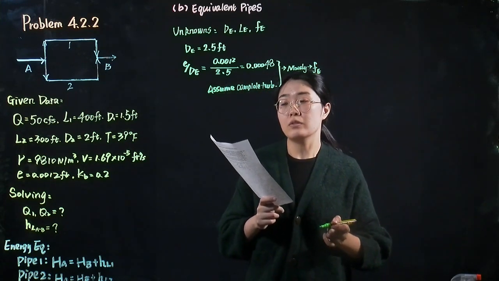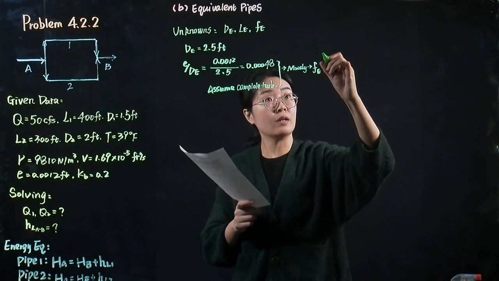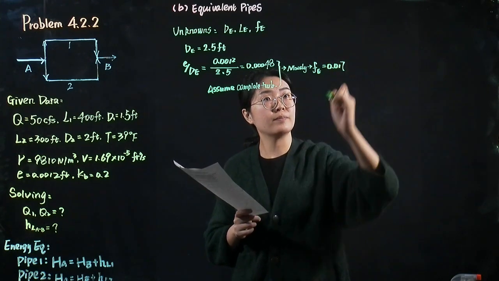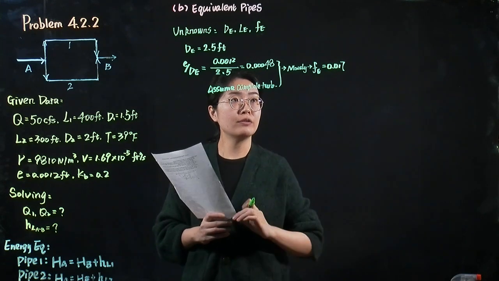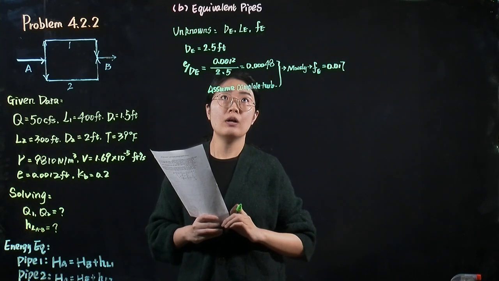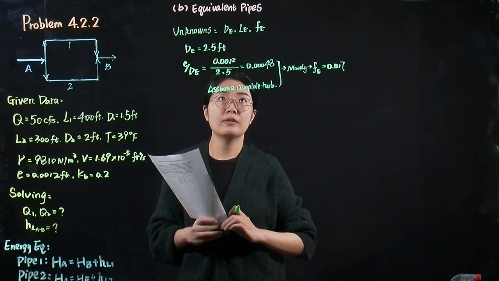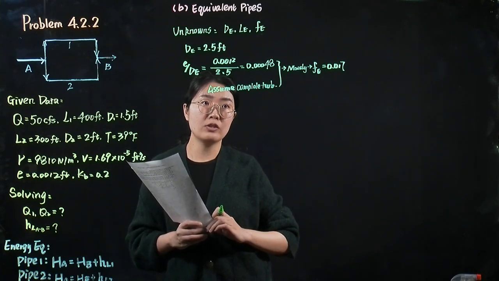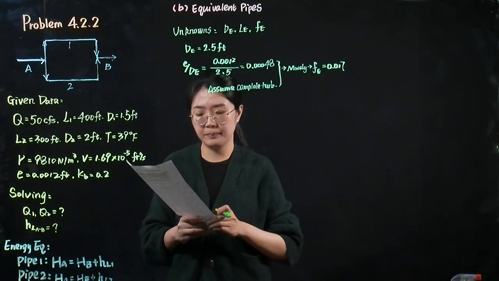It equals 0.017. Although the value of the equivalent friction factor is based on our assumption, two of the three unknowns can be randomly chosen, so we do not need to validate our assumption later.